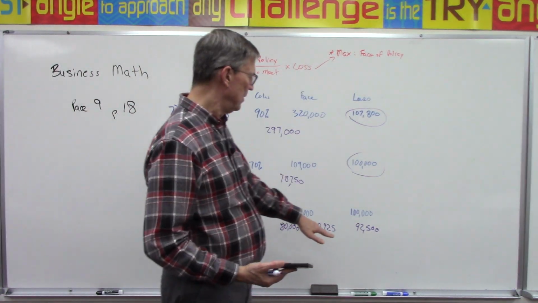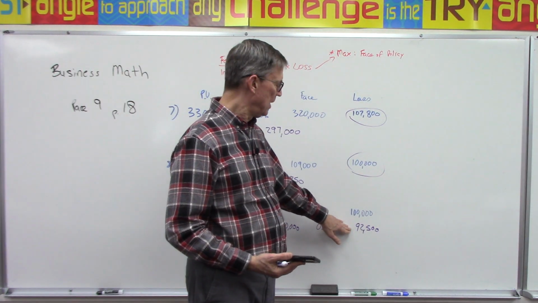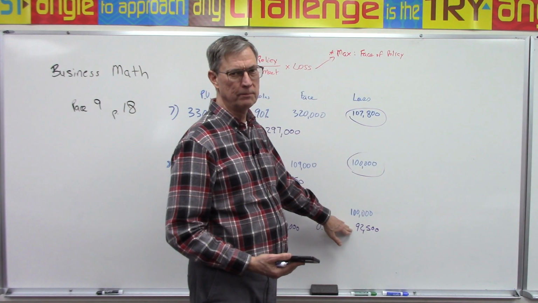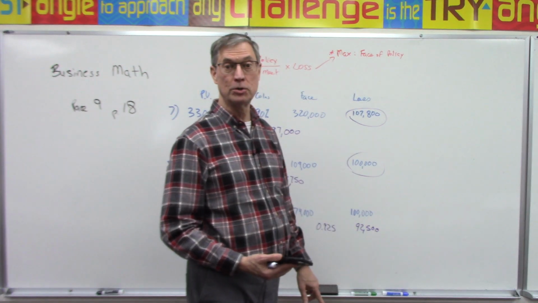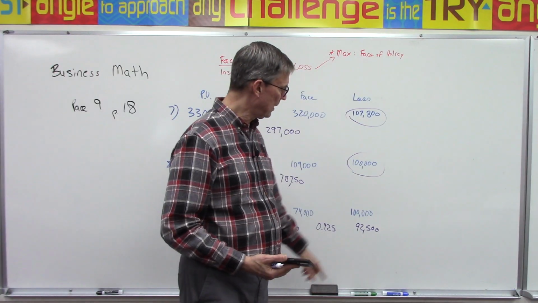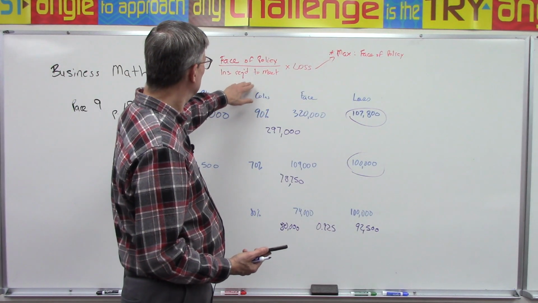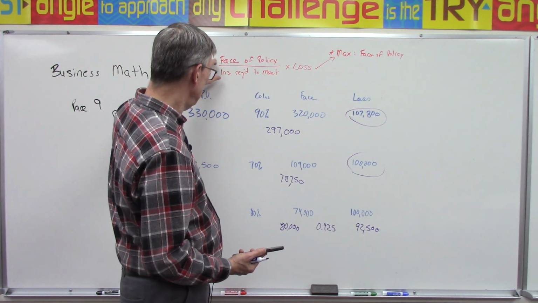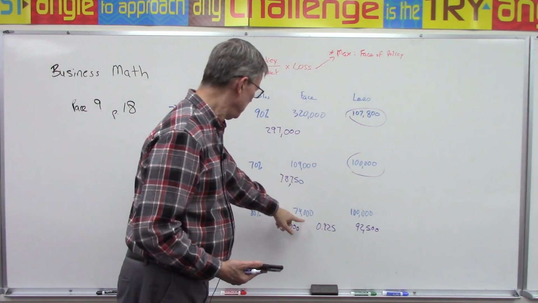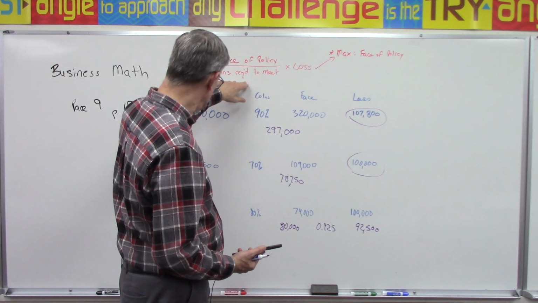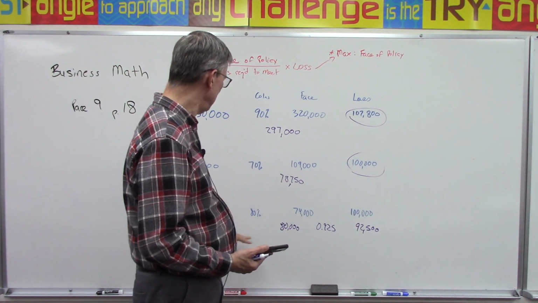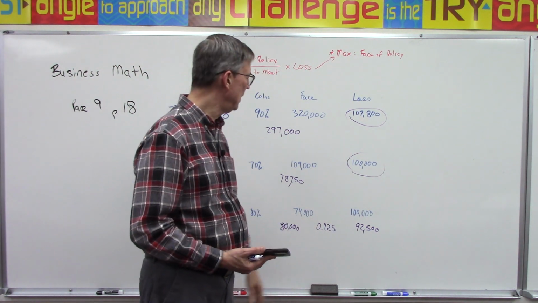All right, so here's where the mom who emailed me was having a question. She said, this is the answer we're coming up with, and that's not what's in the score key. And I get the same answer too, 92,500. I went back and looked at the formula, and yep, face value divided by the percent times the property value. We indeed do get that.